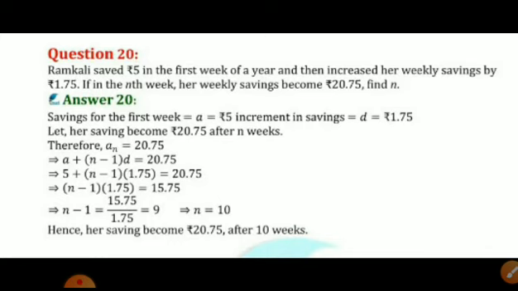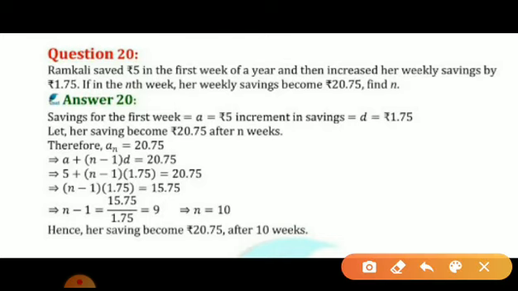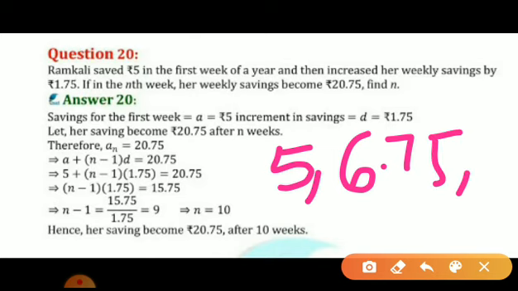Ramkali saved rupees 5 in the first week of a year. Then increased her weekly savings by 1.75. That means in the second week, she has saved how much amount? Yes, it will be 5 plus 1.75. Clear? That means she has saved 6.75 rupees in the second week and she has continued it.